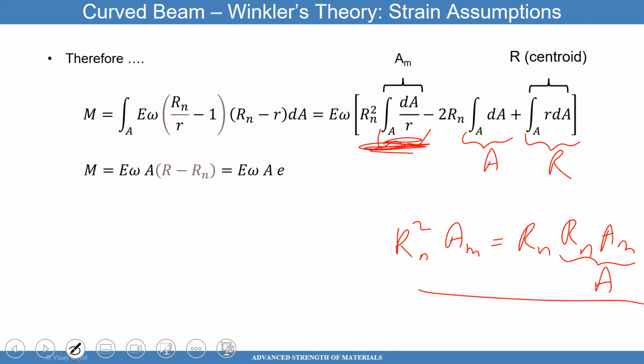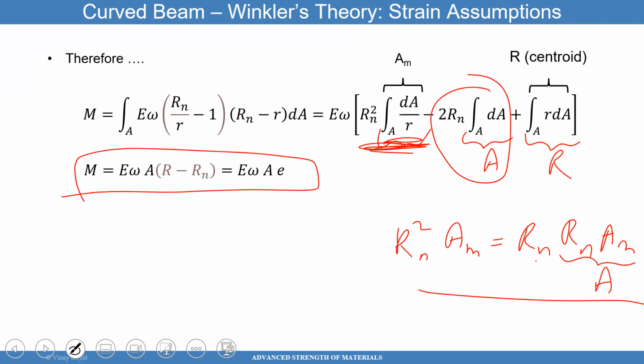You can see that Rn times A cancels with one of these two Rn times A. When you do the whole calculation, the moment actually simplifies to something very simple. It is E omega A, the cross-sectional area, times the centroidal distance to the neutral axis, e.